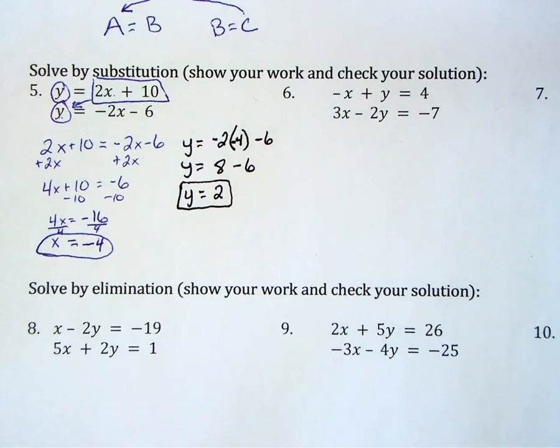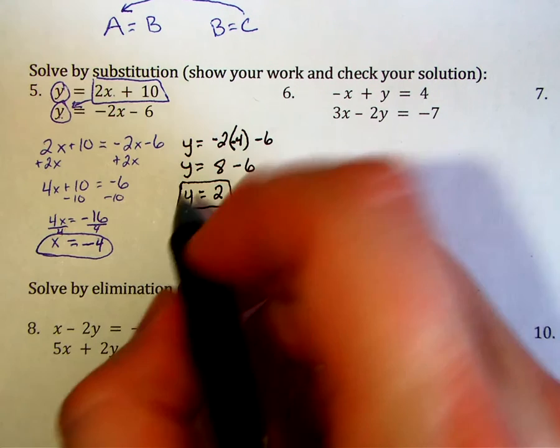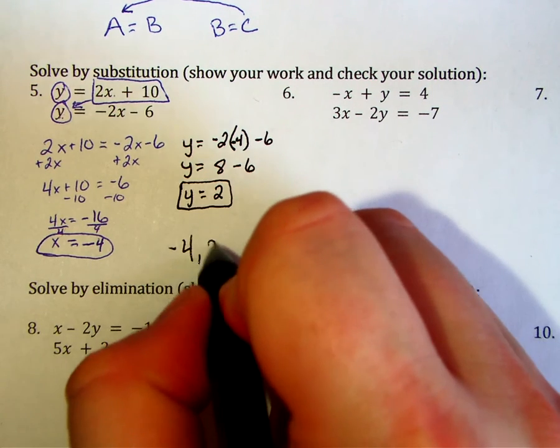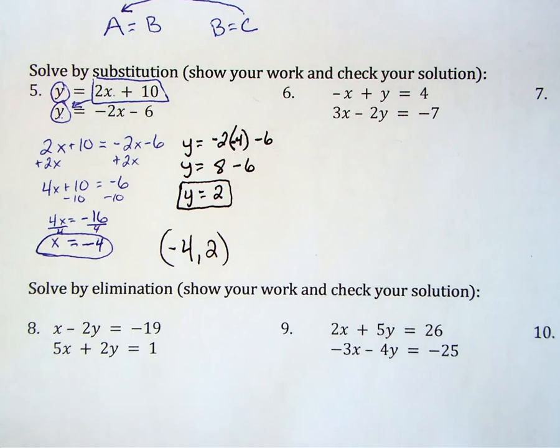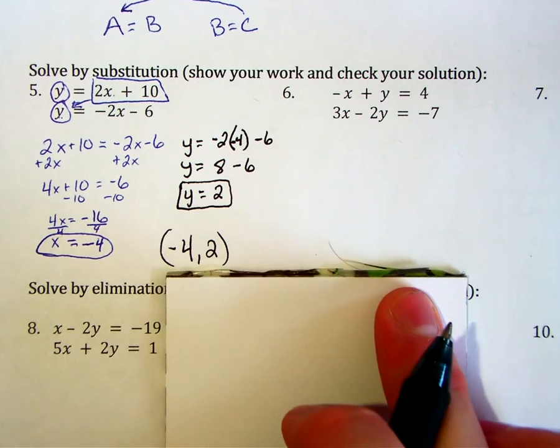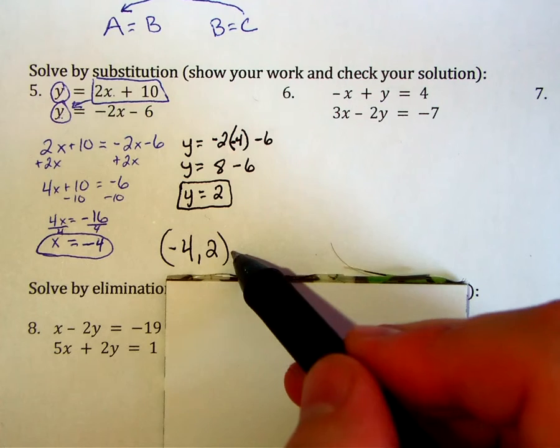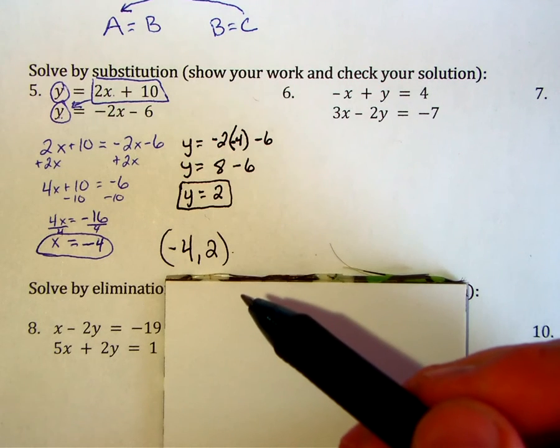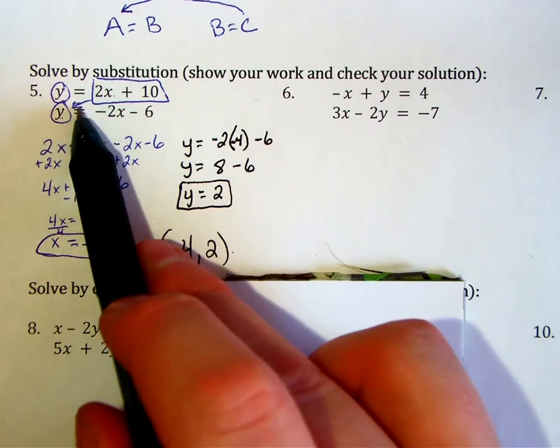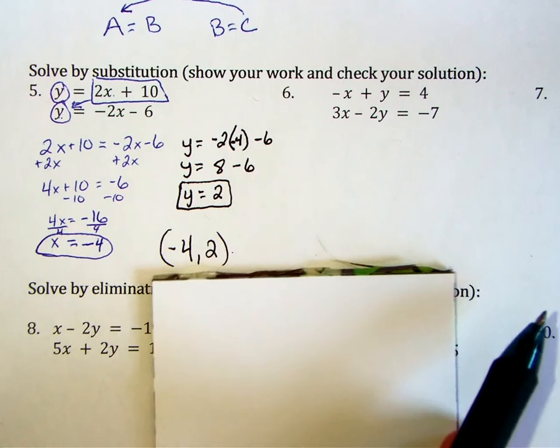Now, I talked in class about how you can check every solution to verify that you did all of your work correctly. We take this ordered pair that we just said was the solution to our system, and we plug it into both equations.